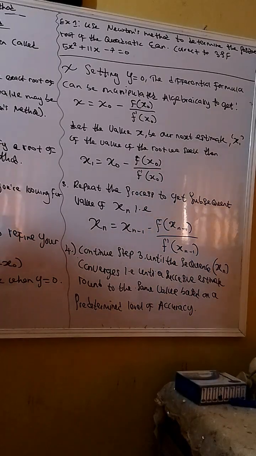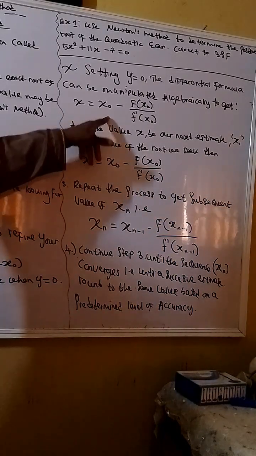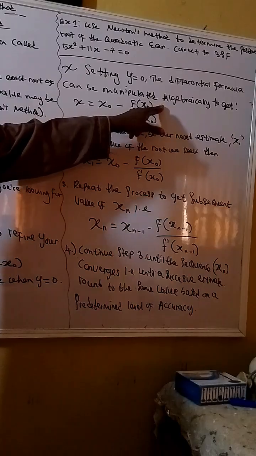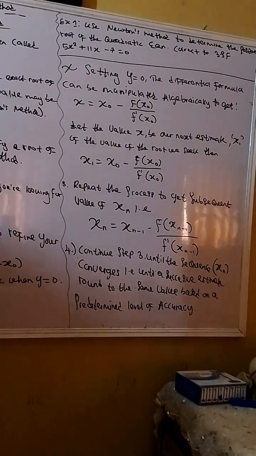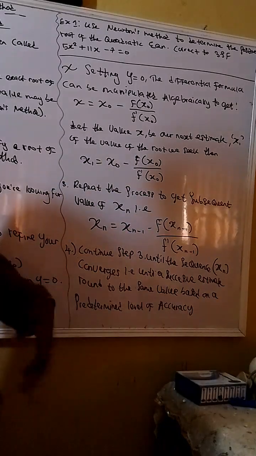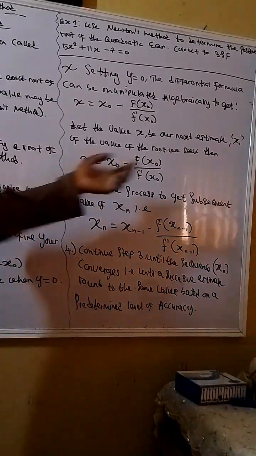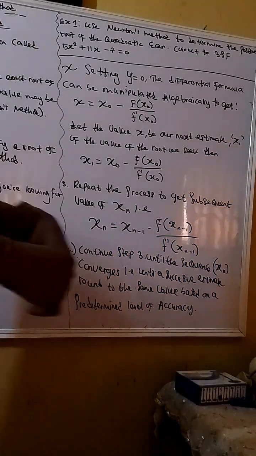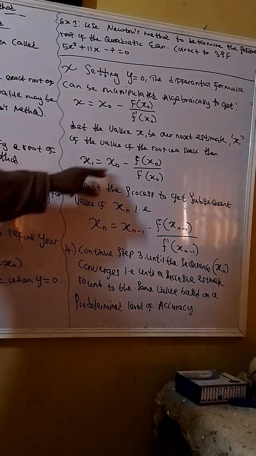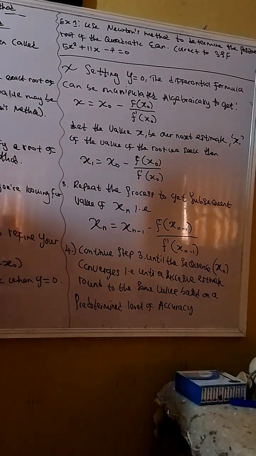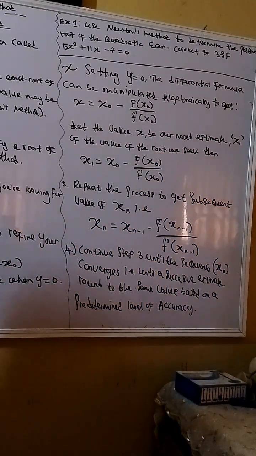So x can be equal to x naught minus the function of x naught over the derivative of the function at x naught. If the value of x is x1, then the root we want to get is x1 equals x naught minus f of x naught over f prime of x naught.